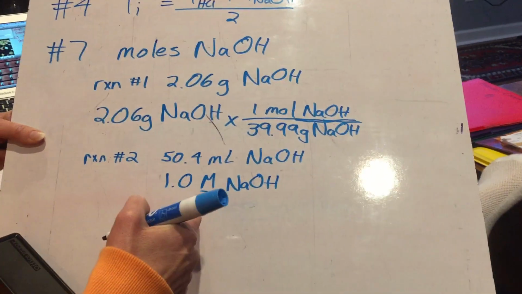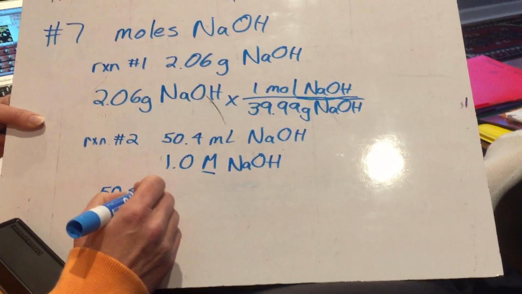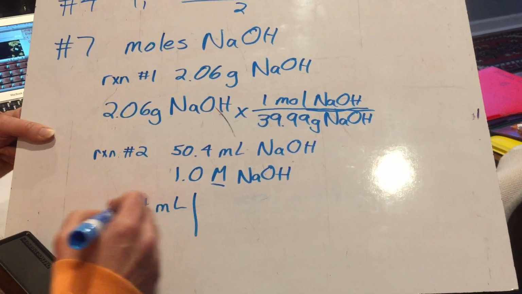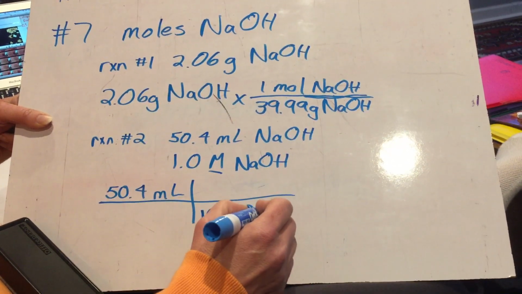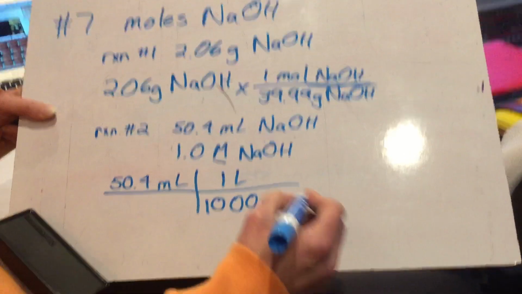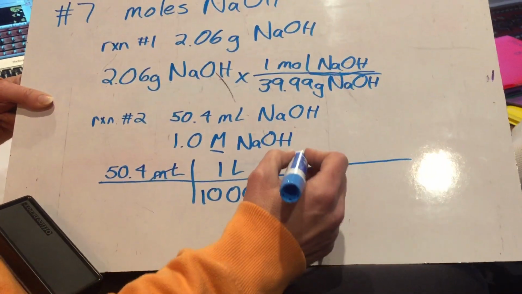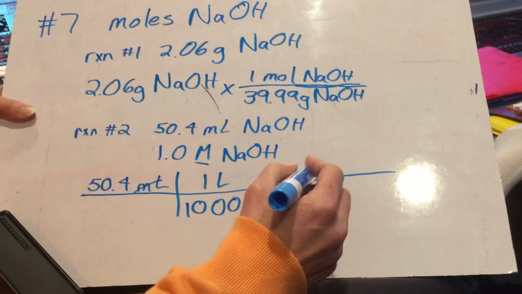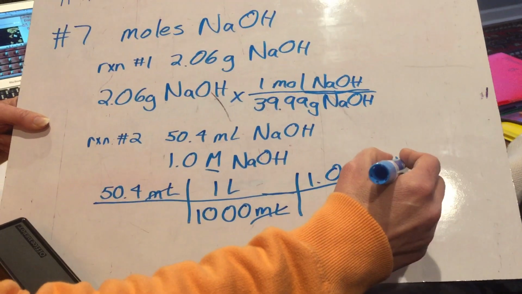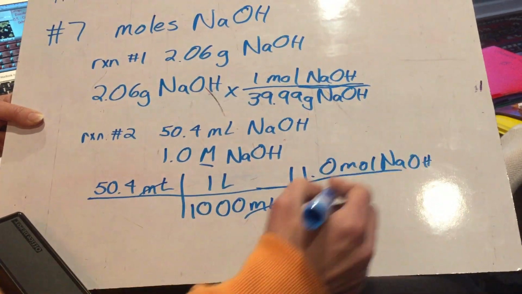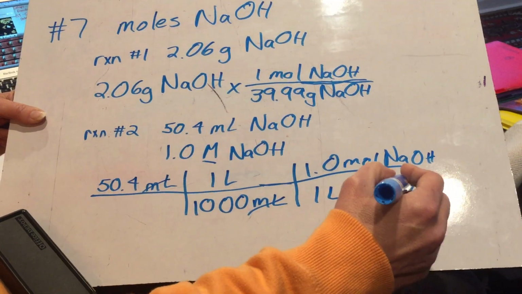So you're going to use this conversion factor, and you're going to start with the 50.4 milliliters, and say, okay, well, I know that there are 1,000 milliliters in 1 liter. So now we've converted from milliliters to liters. And then we're going to use the fact that this tells me that I have 1.0 moles of sodium hydroxide in 1 liter of sodium hydroxide.